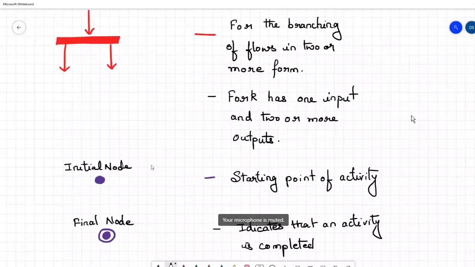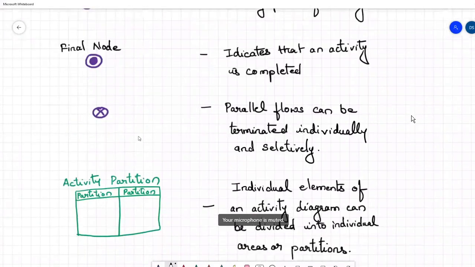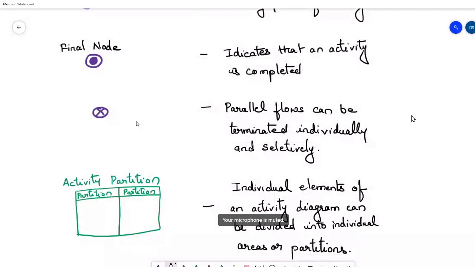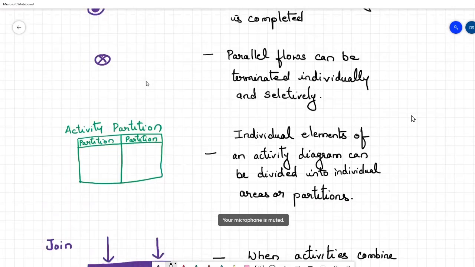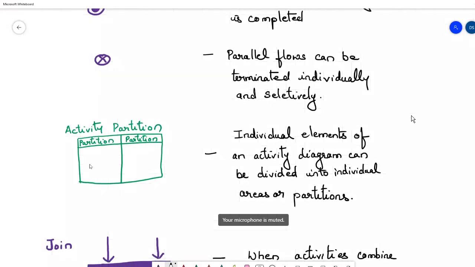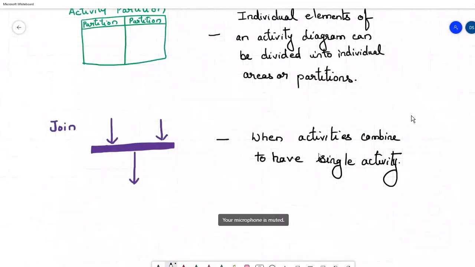Initial node, final node, and this node is used when we want to individually or selectively terminate an activity. This is the activity partition. Inside this, we'll be drawing activities and we'll have relations or links between them. This is join, when activities combine to have a single activity.